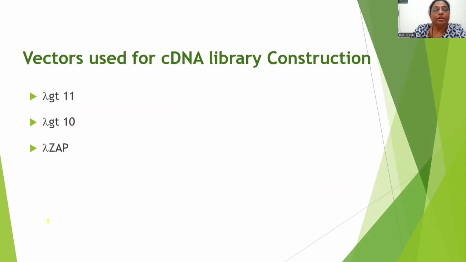Now, which vectors are going to be used to construct the cDNA libraries? Particularly lambda gt11, lambda gt10, and lambda ZAP.